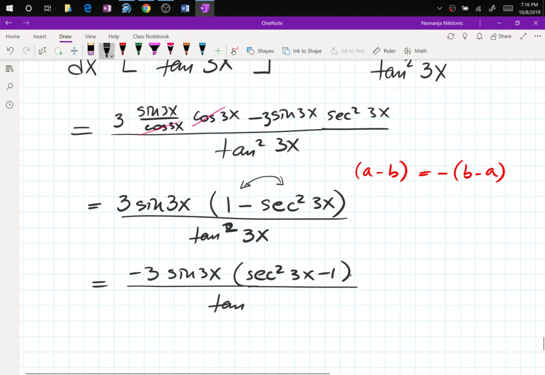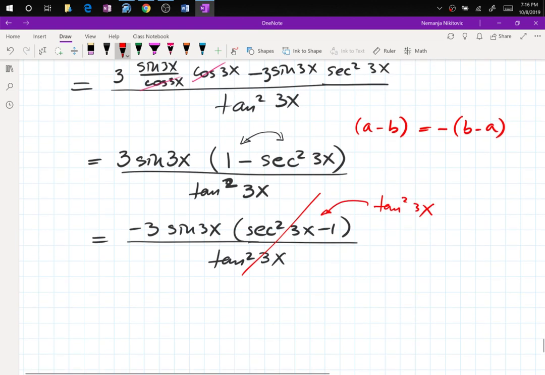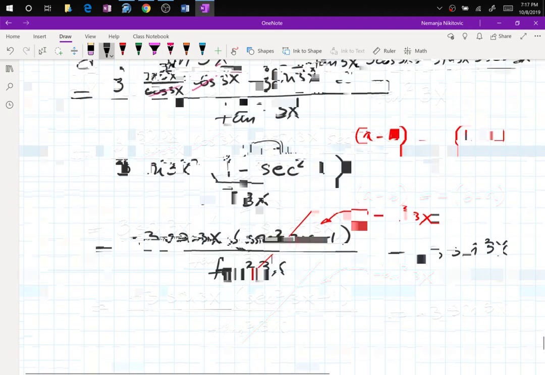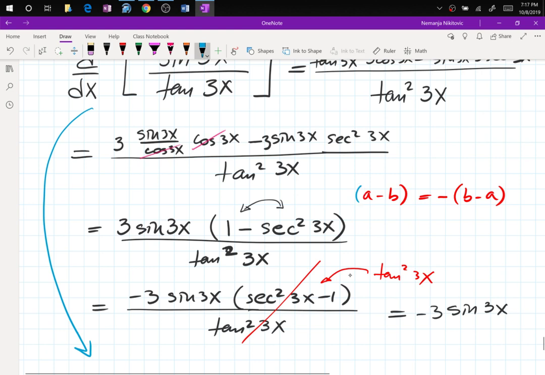And what's that equal to? That's equal to tangent squared. Very good. So this thing now is tangent squared 3x, which is why they cancel. And the answer works out to be negative 3 sine 3x. If you know identities, these things become much easier.